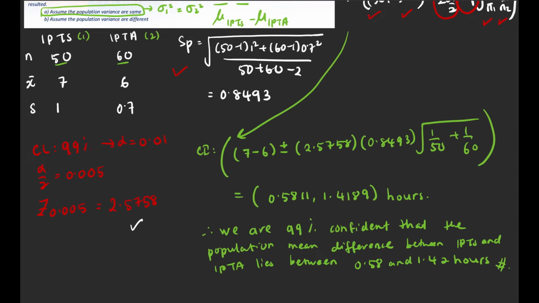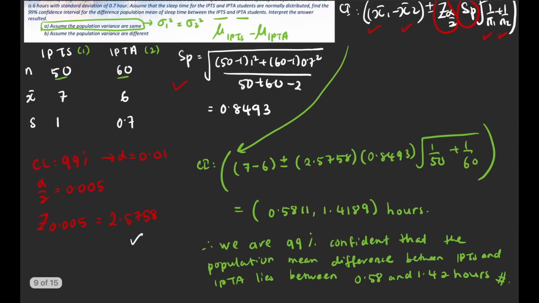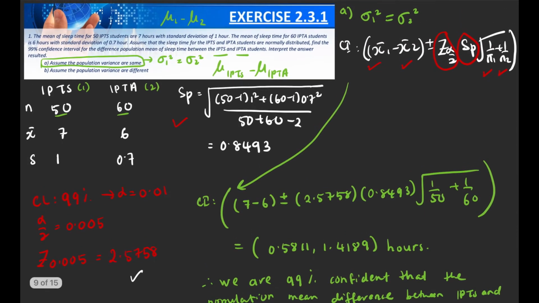Okay, so for B, assume the population variances are different. So now I leave it to you to do 1B and please submit the 1B exercise through GC. So exercise number 2. For exercise number 2, two groups of students are given a problem solving test and test marks are compared.